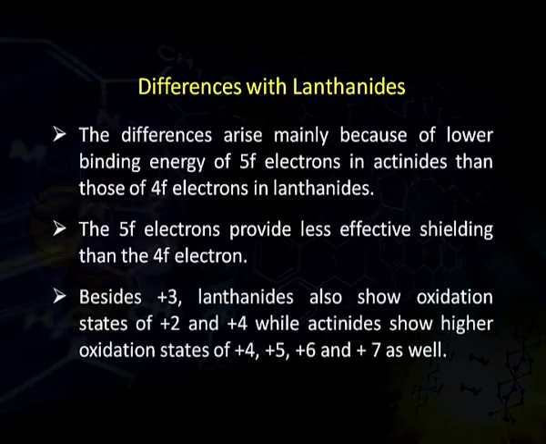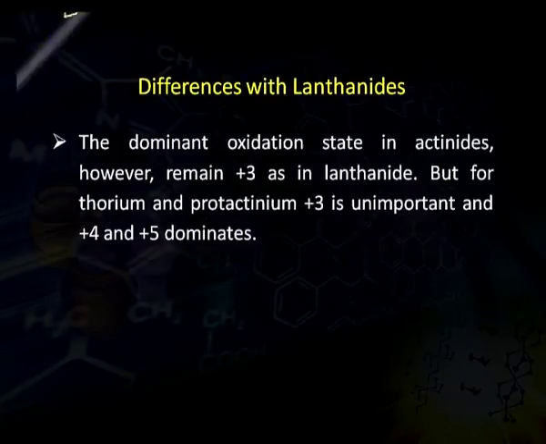Besides +3, lanthanides also show oxidation states of +2 and +4, while actinides show higher oxidation states +4, +5, +6 and +7 as well. The dominant oxidation state in actinides however remains +3 as in lanthanides, but for thorium and protactinium, +3 is unimportant and +4 and +5 dominate.